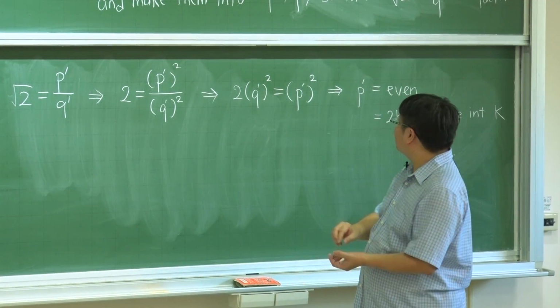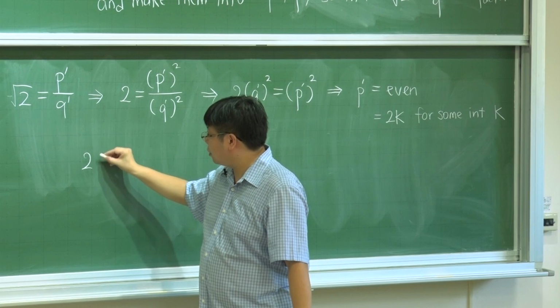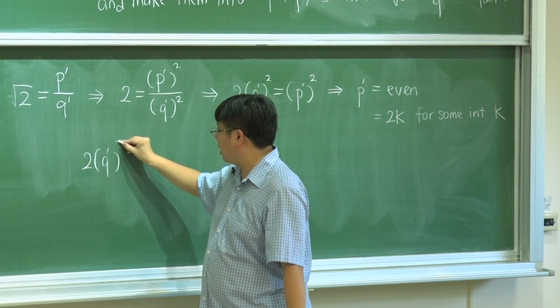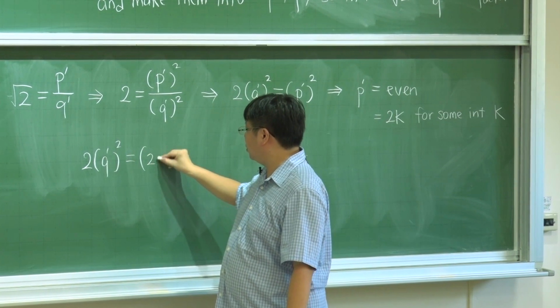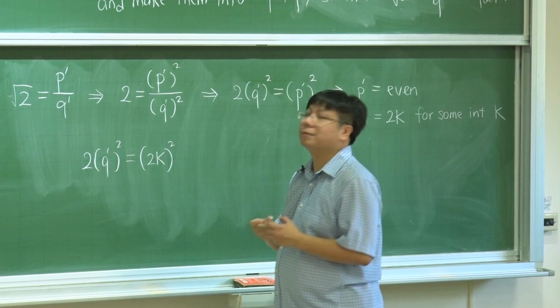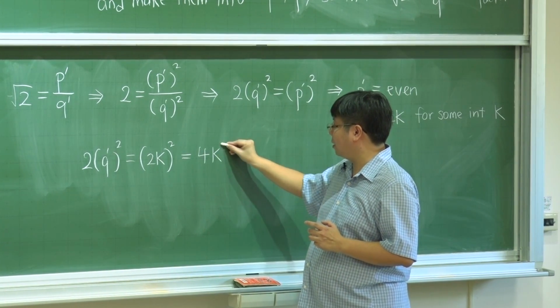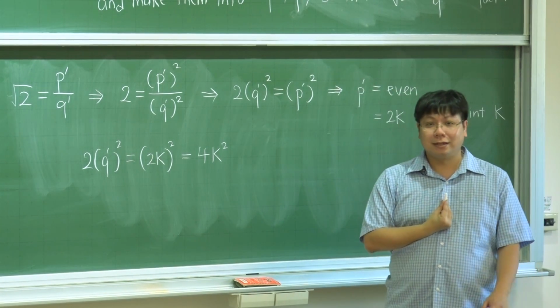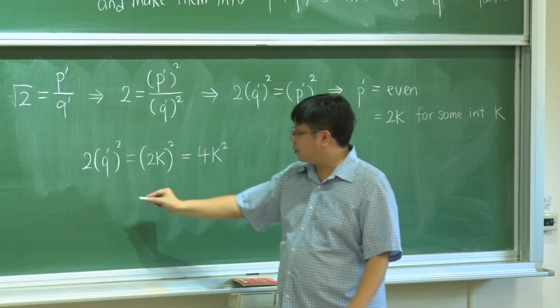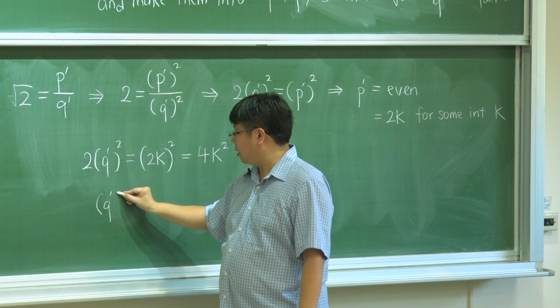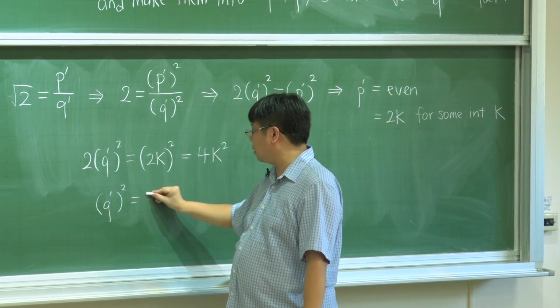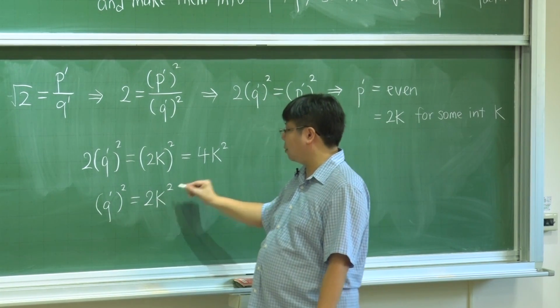If p prime is equal to 2k for some integer k, then 2 times q prime square is equal to 2k square, and then this is equal to 4 times k square. Is that okay? So we will have q prime square is equal to 2k square.